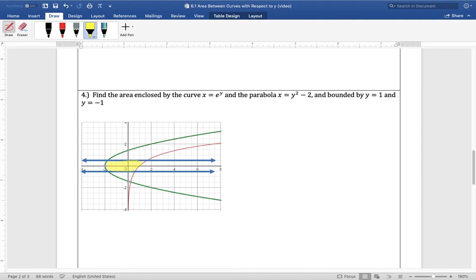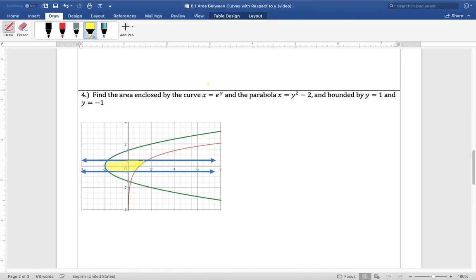And again, if you wanted to do it with respect to x, you can. It's just way more complicated. So we're going to use y here. You're going to have to set these two things equal to each other. Now, when you set these two things equal to each other and you try to solve for y, that's a little tough, right? So, when you're trying to get your limits, you would think, well, if I set those two functions equal to each other, they really don't even intersect.